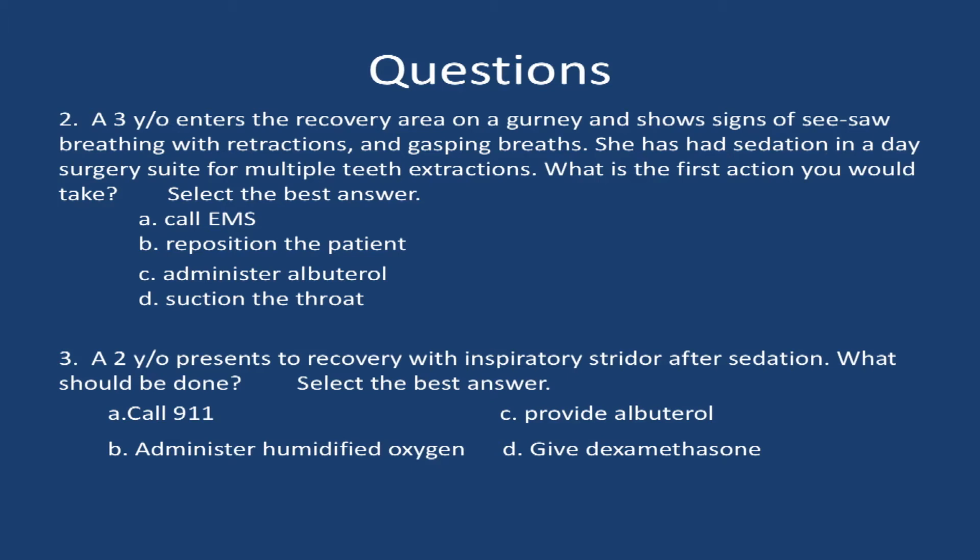If so, it might be useful to continue to administer humidified oxygen, or you can have some mist of epinephrine placed on the patient, and this will open up the bronchioles a little bit, but it will also make the patient's mouth feel a little bit better. Giving dexamethasone might be the last thing that you'd want to do, because inflammation is going to have to recover from the application of this drug.